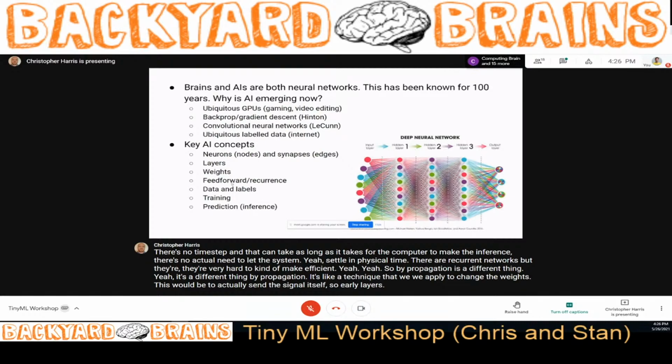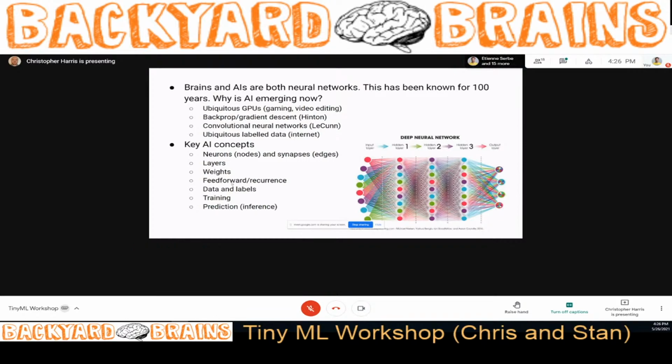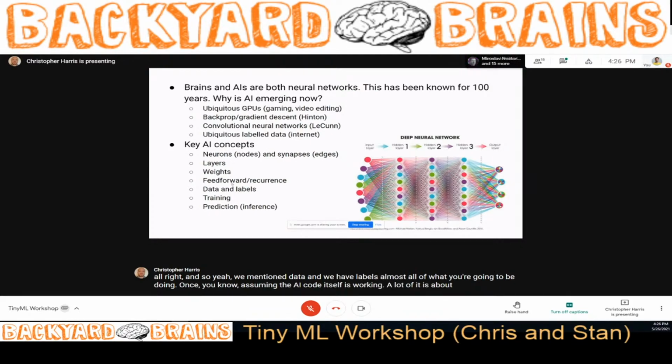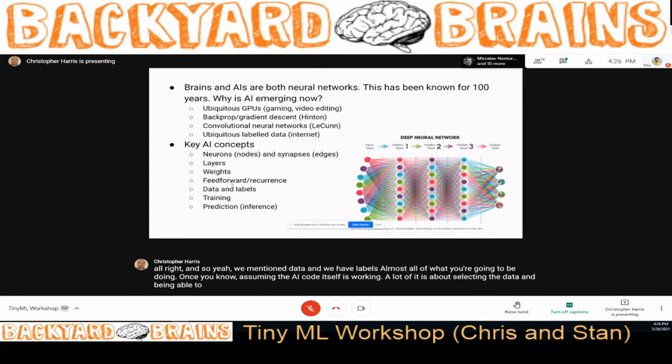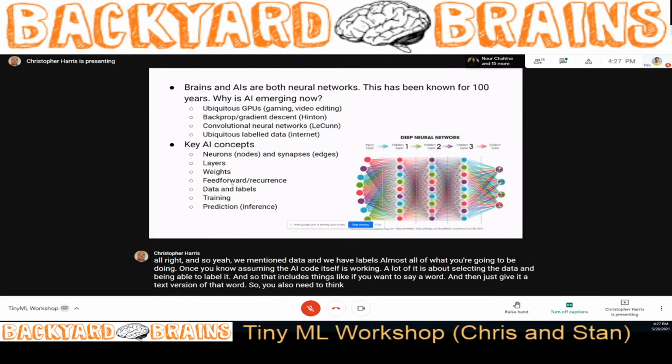So that includes things like, if you want to say a word and then just give it a text version of that word, you also need to think about, okay, if I say a word and it takes a second, which part of that second is the word and which part is the noise? How can I select only the part of the data that's relevant and skip the other parts? If you're using images, this is sometimes easier.